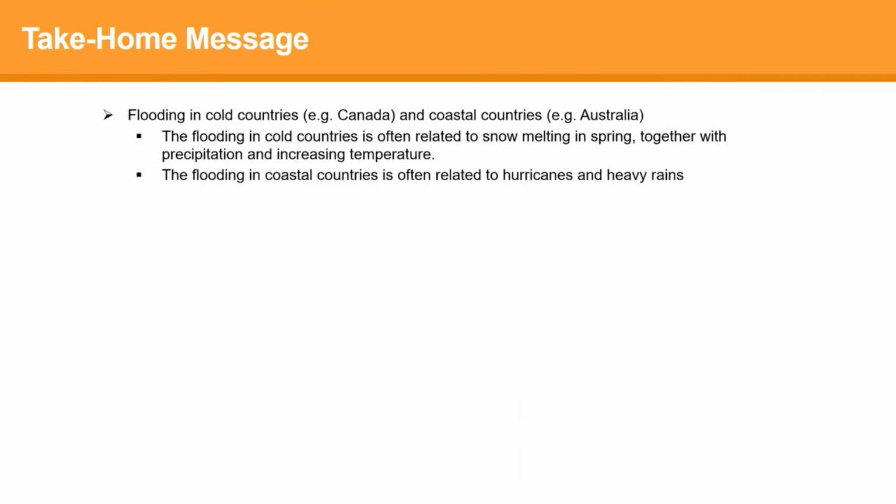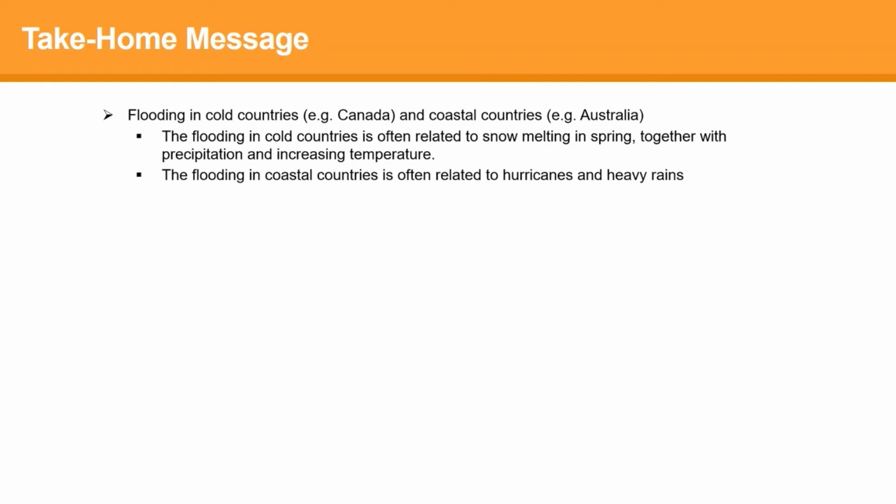I will give a conclusion here, and then I will show you in the software. So first, the flooding. We just showed that the flooding in cold countries like Canada, or in coastal countries like Australia, is different. So we need to understand the reason first, then we can model it, and then propose some solutions.